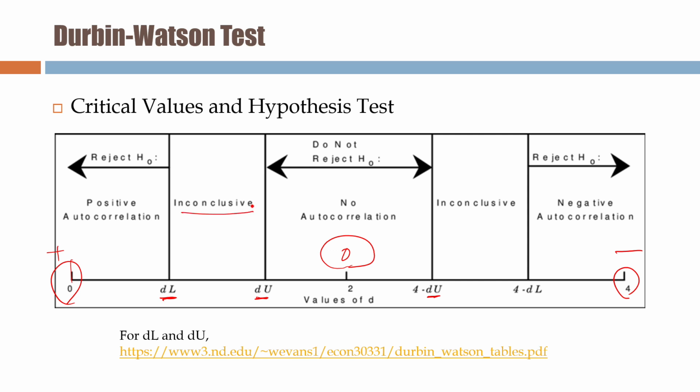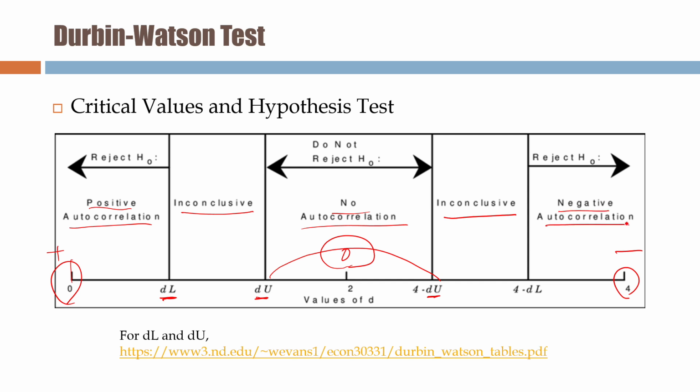Inconclusive means I cannot tell whether it's positive or no correlation, so we cannot make a decision here. But in the area in between, I can tell it's no autocorrelation. Here is positive, and here is negative autocorrelation.